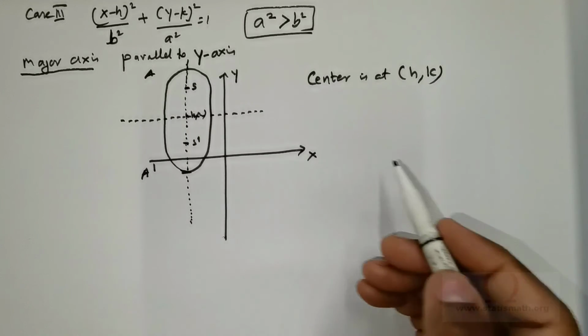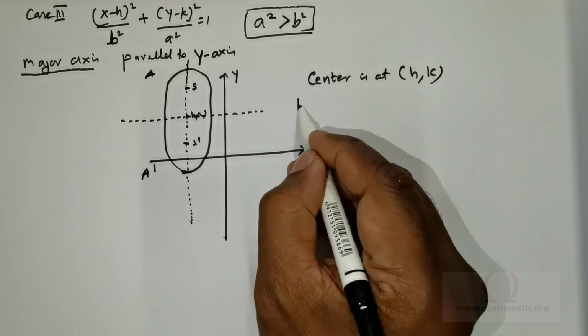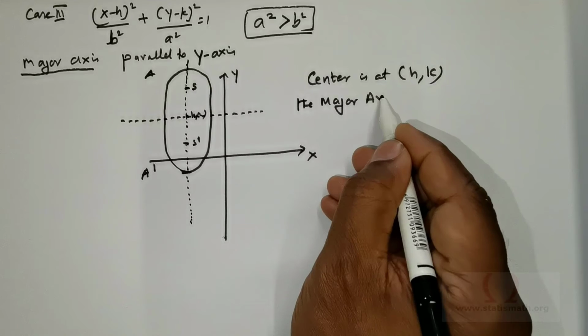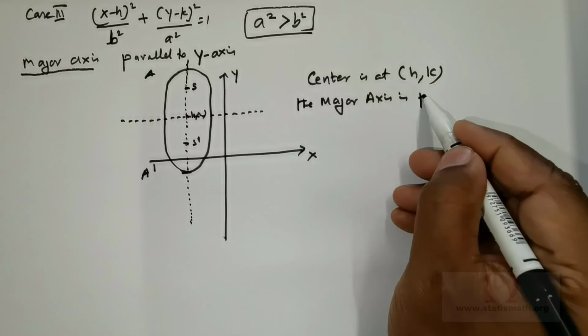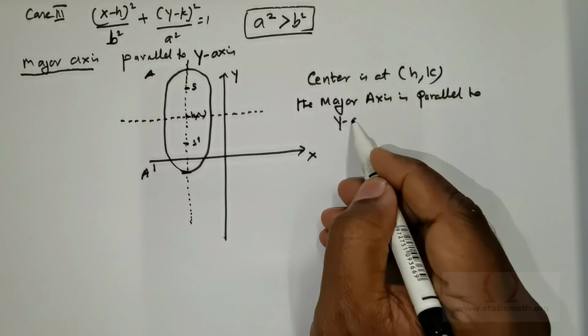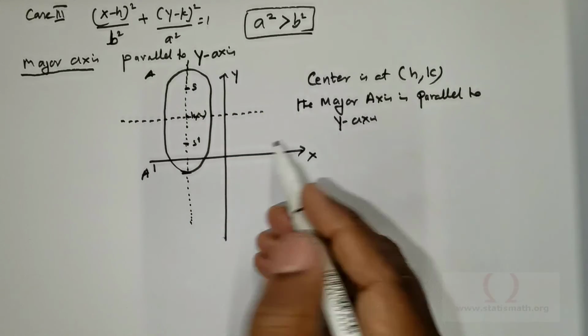I've already mentioned it's h comma k. And the major axis is parallel to the y-axis. I have just mentioned this is the major axis, and it's parallel to the y-axis.